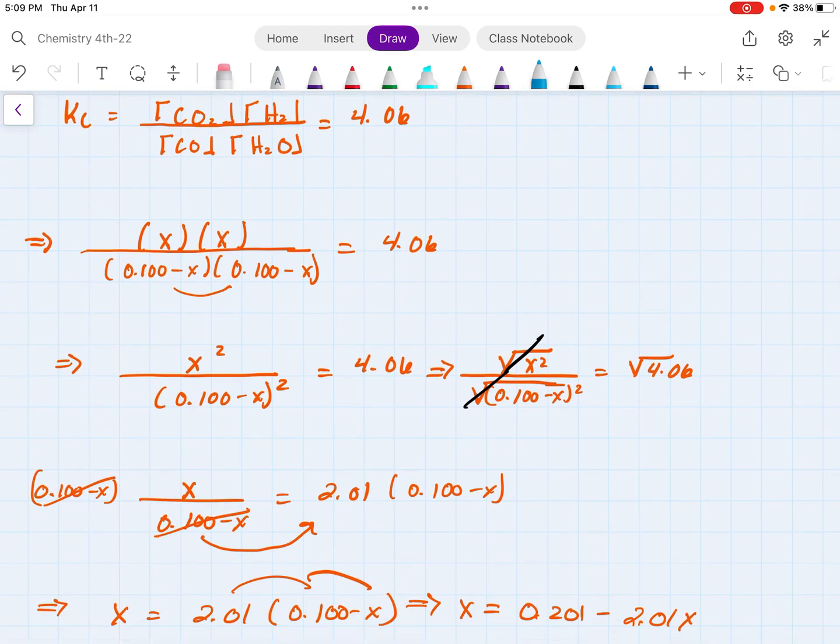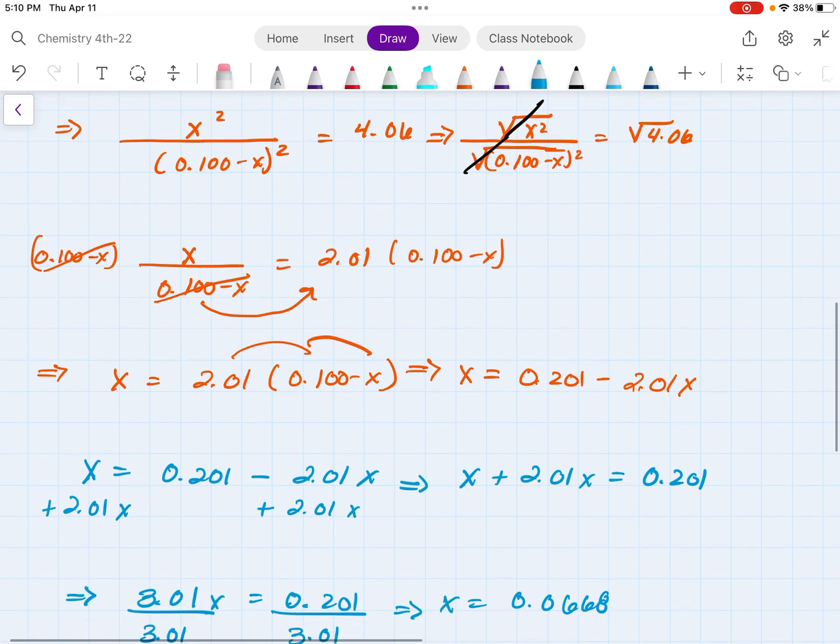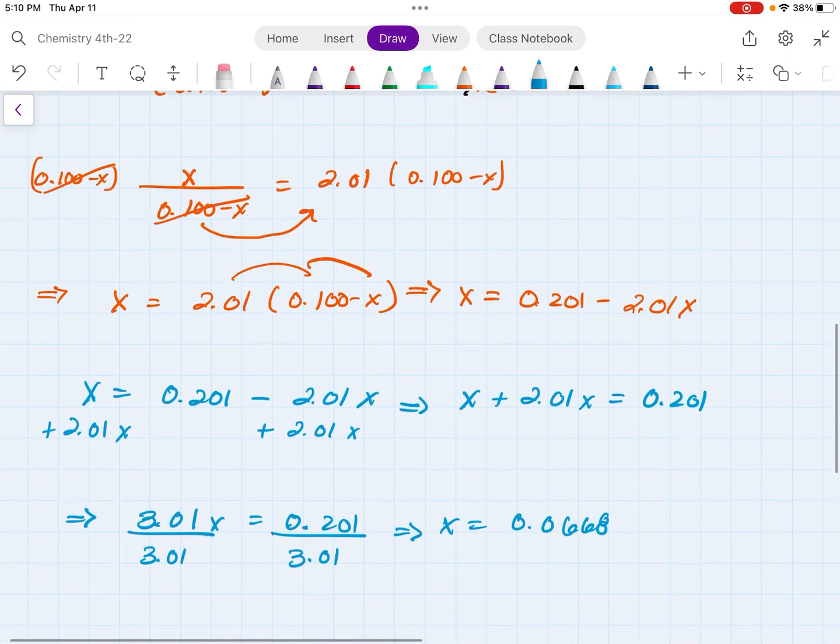We substituted the variables from our ICE chart into our mass action equation, and then from here, all we did was solve for X. So if you have trouble with the algebra, review a little bit. We solved for X, and we've determined that X is equal to 0.0668. Now, what does that mean?